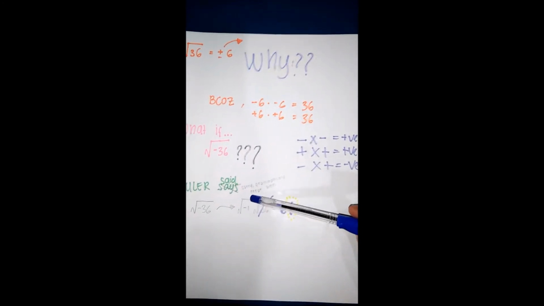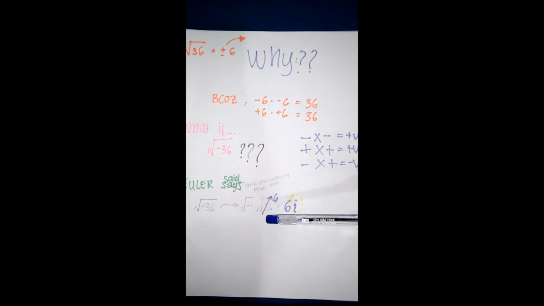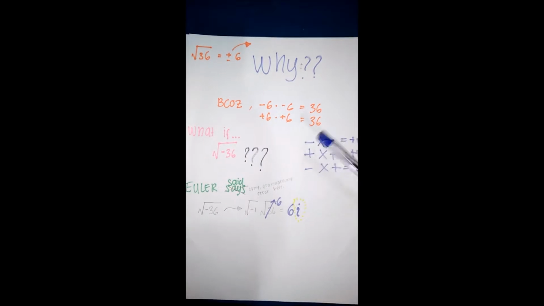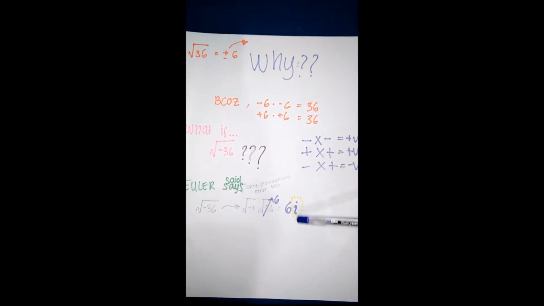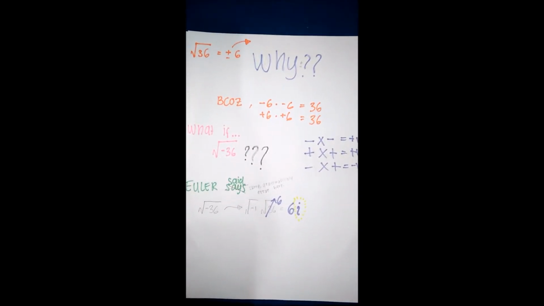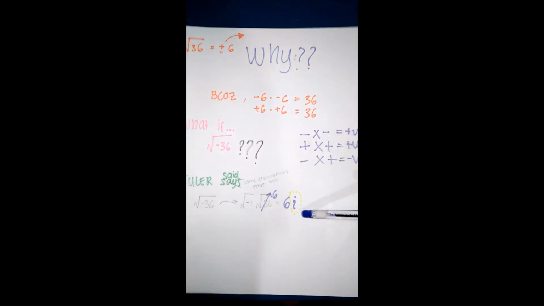So what do we want to do with the square root of negative 1? Euler said, what if we replace the square root of negative 1 with i? It will make the complex equation much easier and much cleaner.